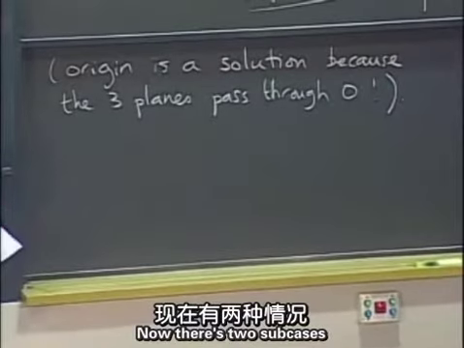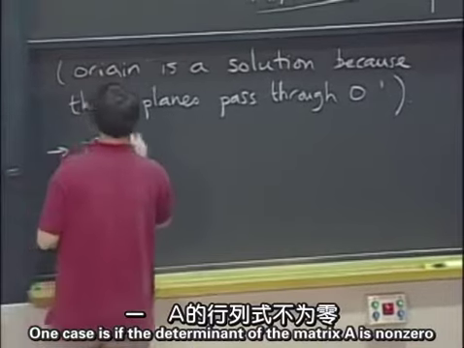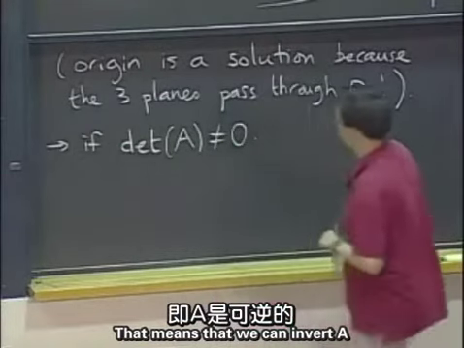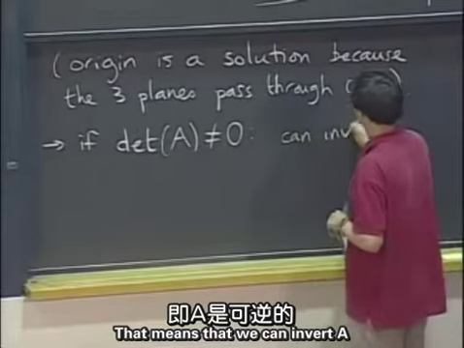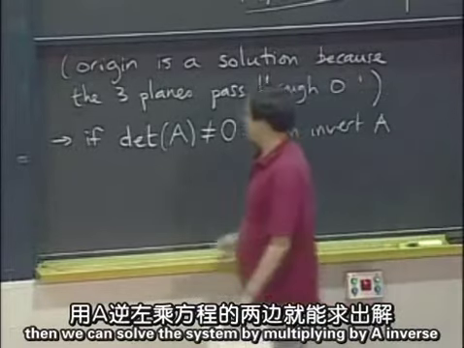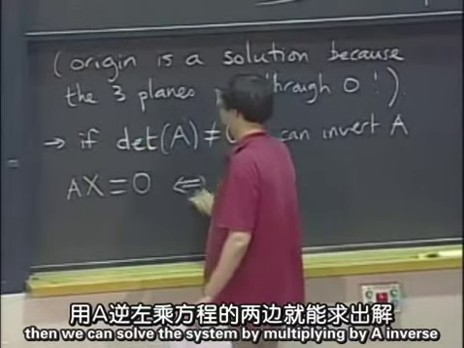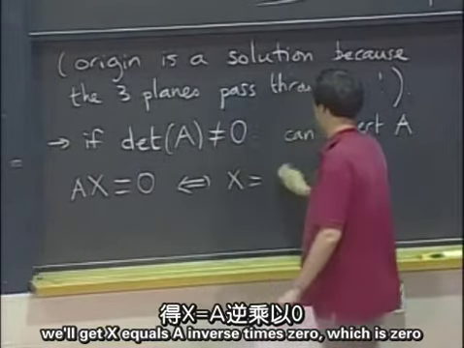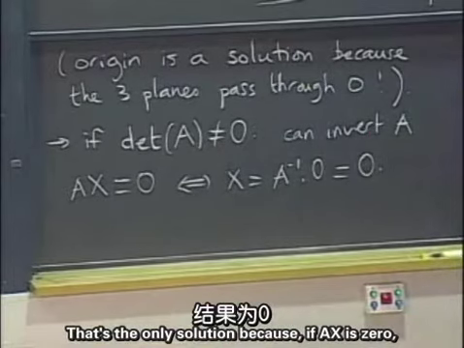Okay. So now there's two subcases. One case is if the determinant of the matrix A is non-zero. Well, that means that we can invert A. So if we can invert A, then we can solve the system by multiplying by A inverse. We'll get x equals A inverse times 0, which is 0. And that's the only solution.